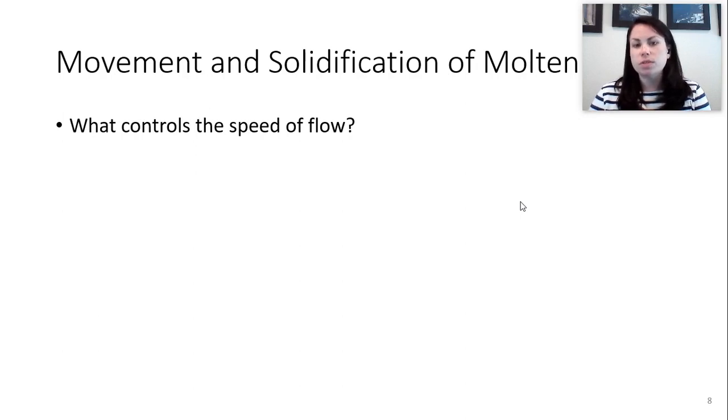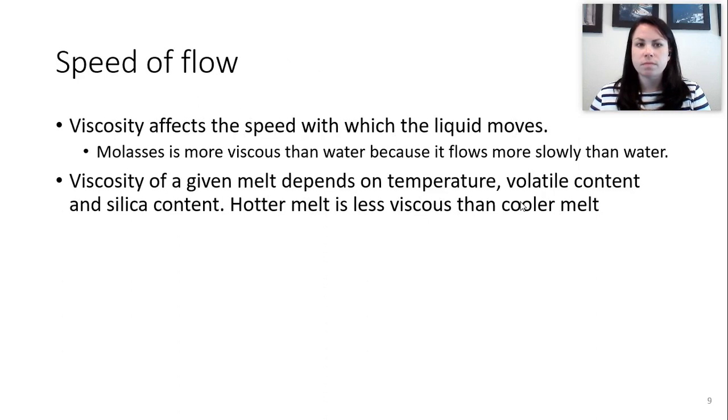So what do you think controls the speed of flow? Because some volcanoes are fast and some are slow. What do you think would be the driving factors of those changes? Viscosity is the number one thing here. Viscosity affects the speed with which the liquid moves. Think about the differences between molasses and water. Molasses is very viscous, and therefore it moves more slowly than water.